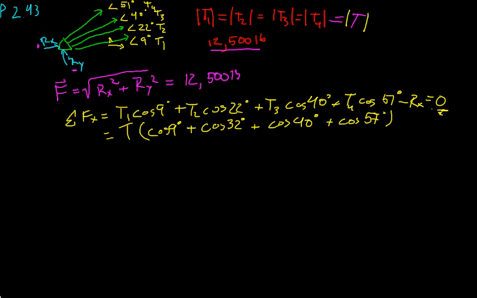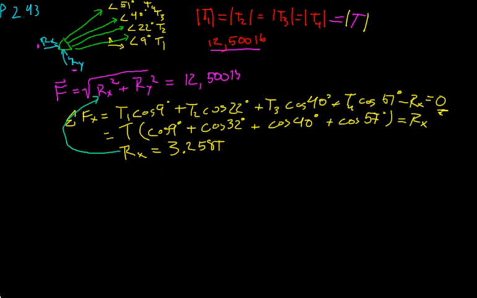Then we can move this Rx to the other side and set this whole thing equal to Rx. When we put these all in our calculator, Rx comes out to 3.258T. So now we have Rx. Now we can put this Rx back into our original equation.